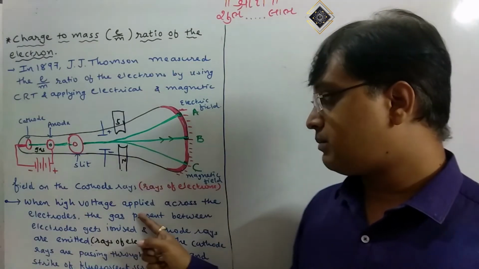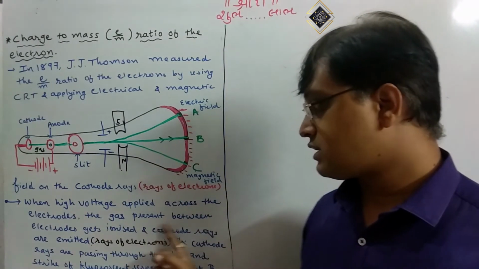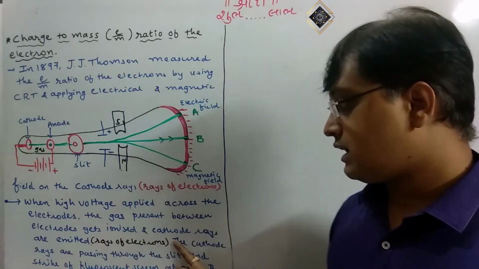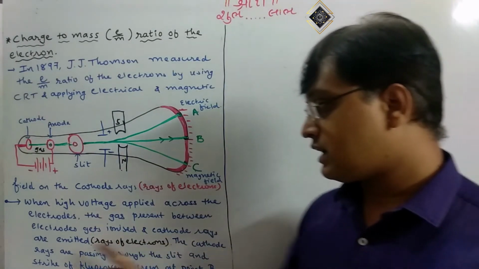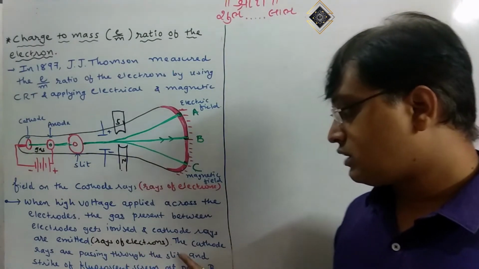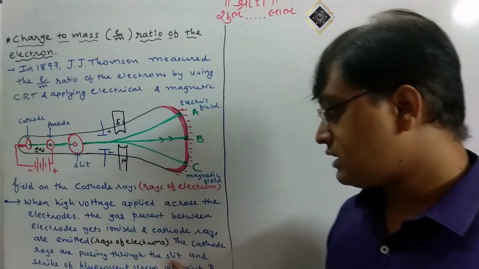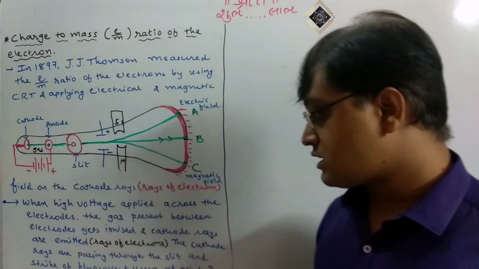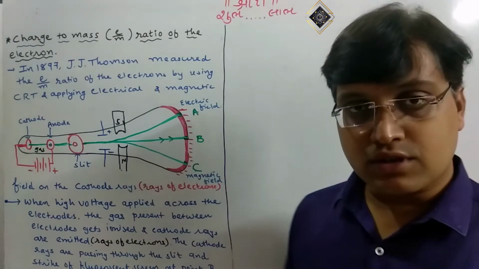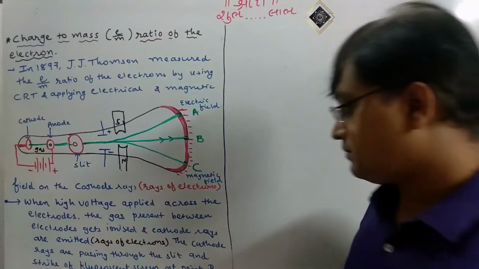When high voltage is applied across the electrodes, the gas present between the electrodes gets ionized. Ionized cathode rays are emitted, that is rays of electrons. These cathode rays pass through the slit and strike on the fluorescent screen at point B in absence of electrical and magnetic field.